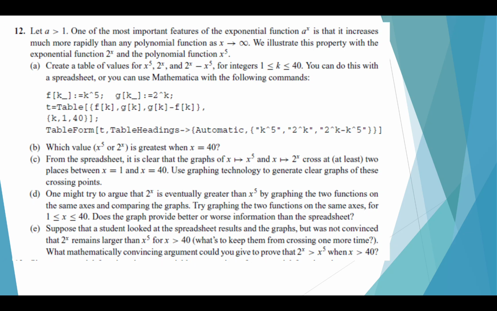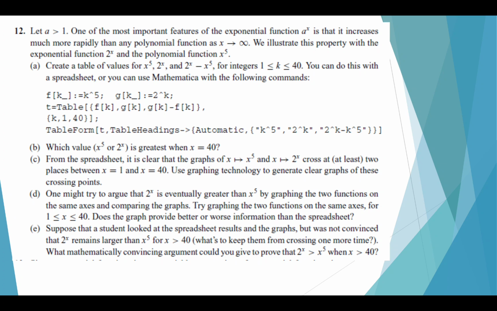When g is less than f, you should get a value that's negative. Does it start negative? I don't remember if it starts negative or not. But wherever it starts, you're going to see it flip signs, and then you'll see it flip signs again farther up in the spreadsheet. When you're talking about graphing, you'll set it between 1 and 40 and see if the graph provides better or worse information than the spreadsheet.